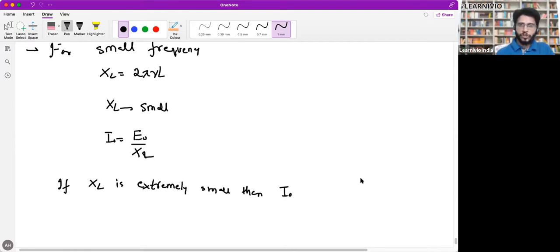I naught would be extremely small or extremely large? Extremely large. Why, Sania? Because XL is small. They are inversely proportional, right? Yes. I naught is extremely large.